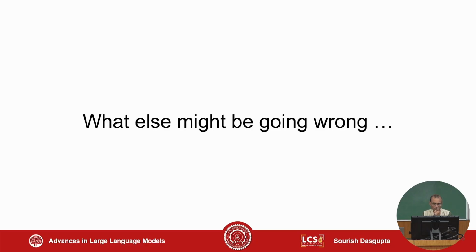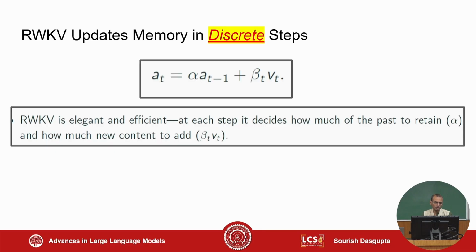Okay, so what else might be going wrong? Rakov updates memory in discrete time steps. Every single time step a new word comes in and it updates the state. It's elegant and efficient, and you can parallelize the updates and make it linear time.